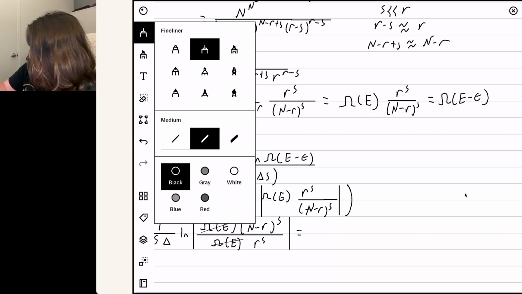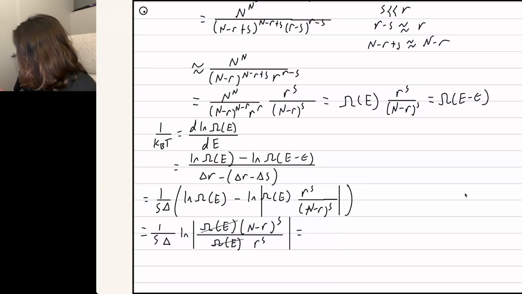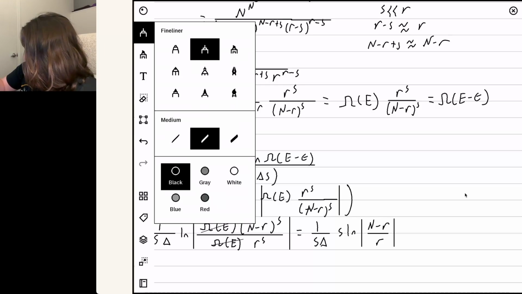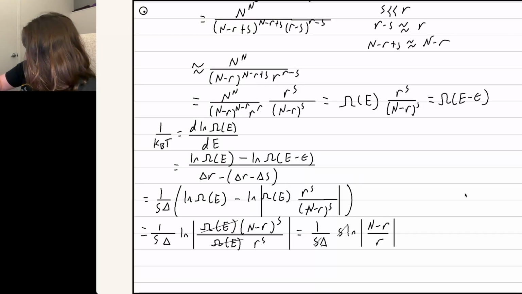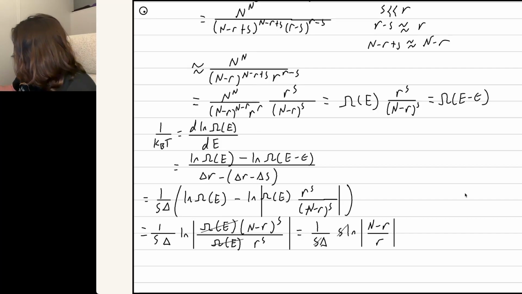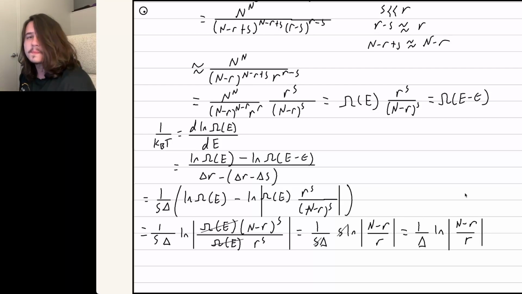And we can factor the S out of the natural log because they both have the same power. So it's S times natural log of n minus R over R. And then the S's will cancel out, and you're left with the expression that Blundell wanted: 1 over delta natural log of n minus R over R. Pretty awesome.